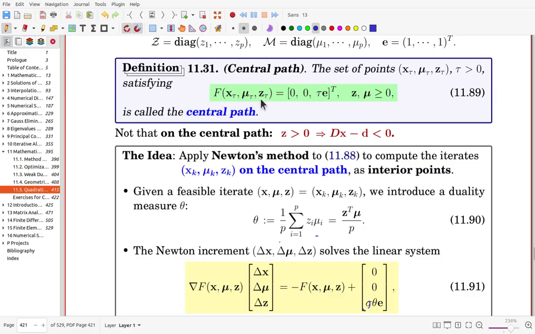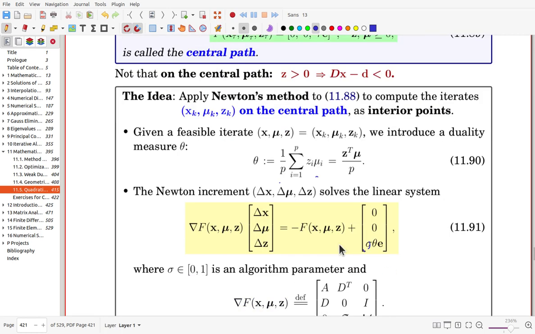Now, here we make a gradient, and then the correction vector is the negative of the value and some extra term. In this way, we try to find this correction term.